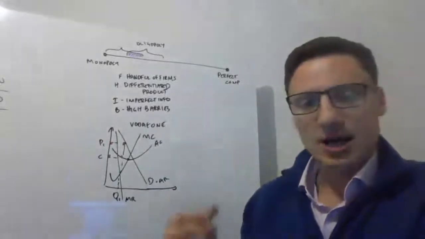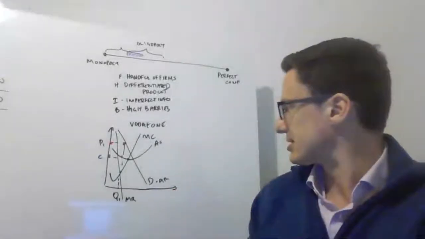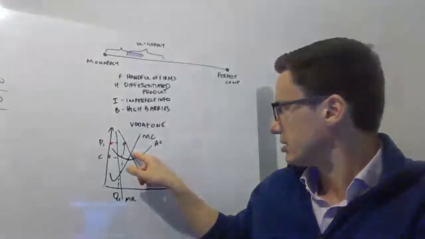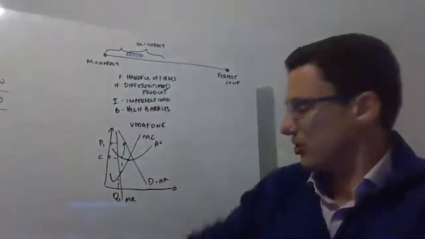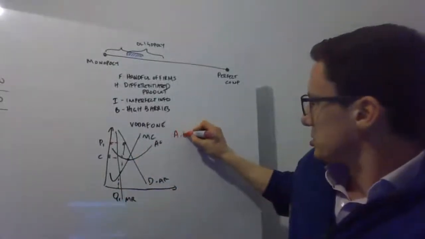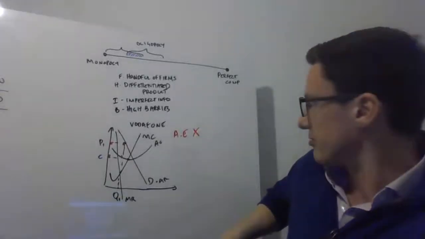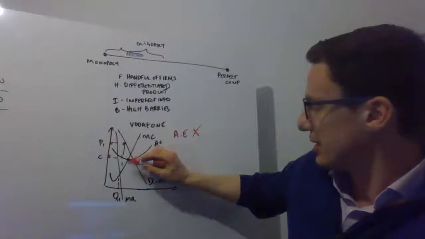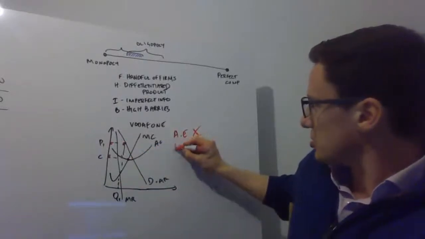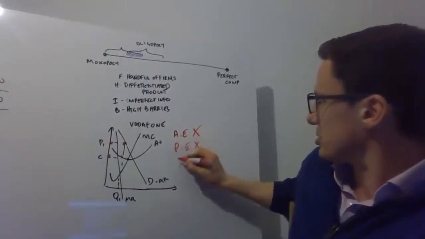Allocatively efficient, AR equals MC is here, so not at Q1. So we are not allocatively efficient. Productive efficiency is at the minimum point of the AC curve, where MC equals AC, which is here. Again, that's not at Q1, so we are not productively efficient.